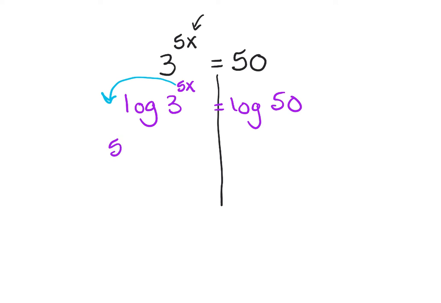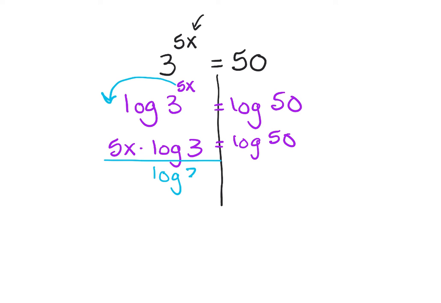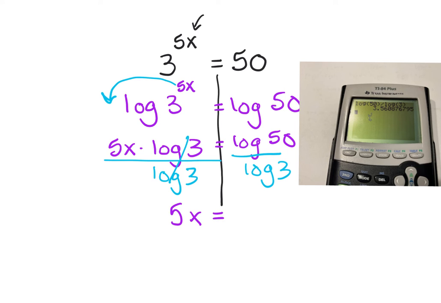So I have 5x out in front times log 3 equals log 50. Now I can divide both sides by log 3. So those cancel. So I have 5x equals 3.5608, but that's a 7. We'll make that go to a 9.